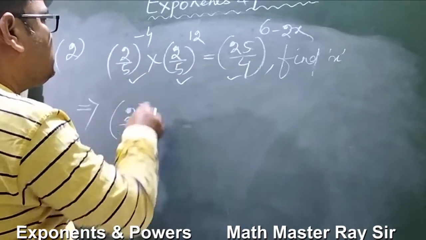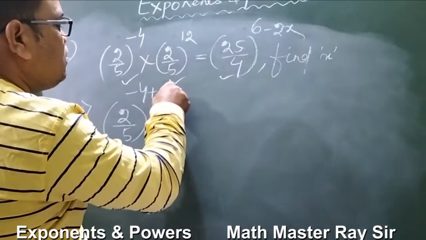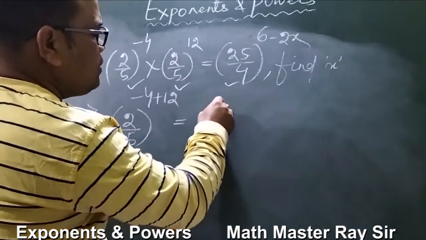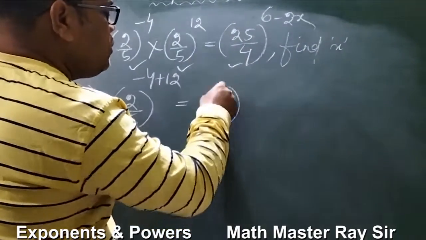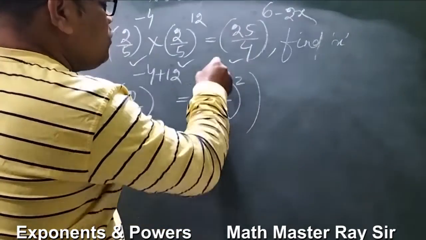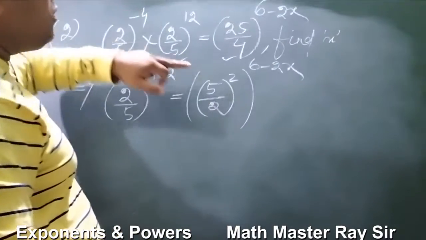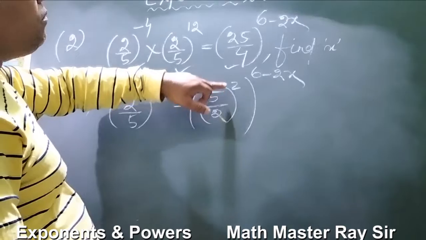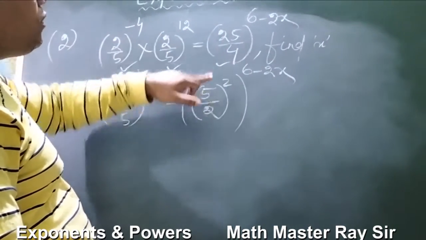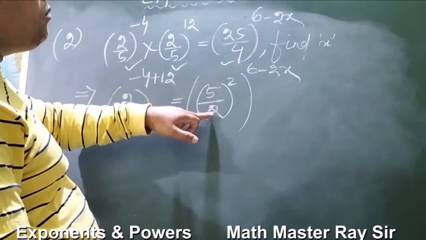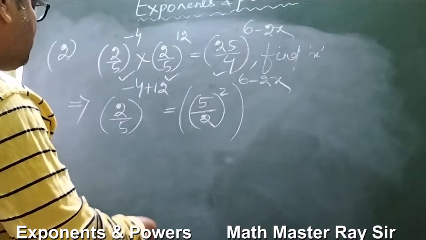Same base with different powers, the powers will be added. 25 by 4 is replaced by 5 by 2 to the power 2, whole to the power 6 minus 2x.